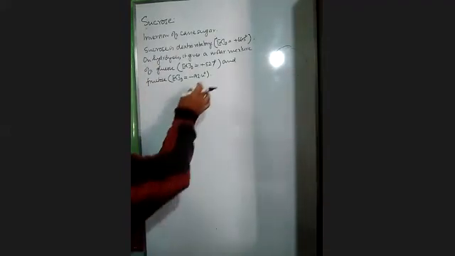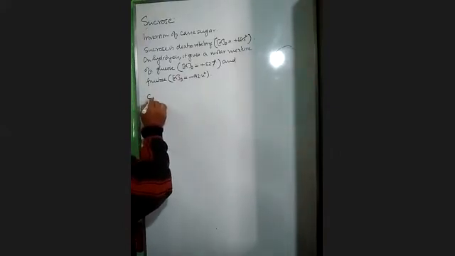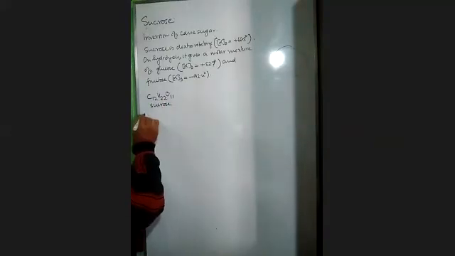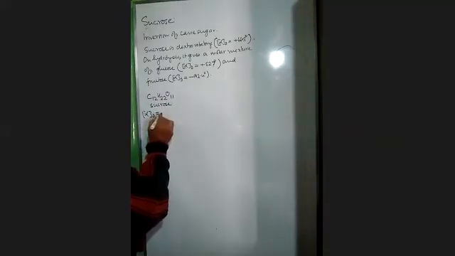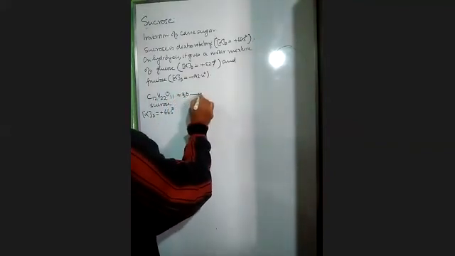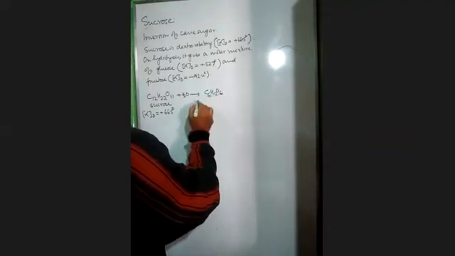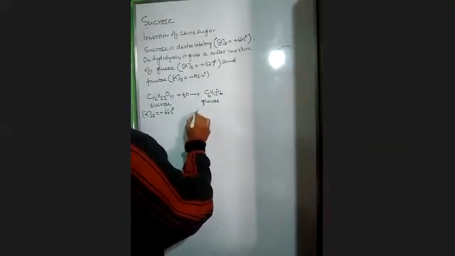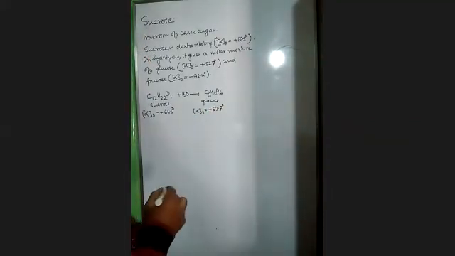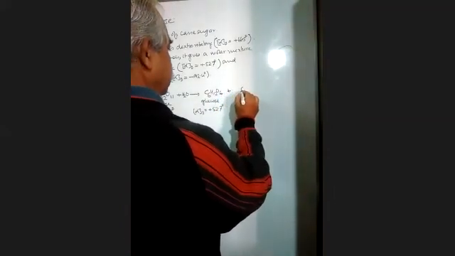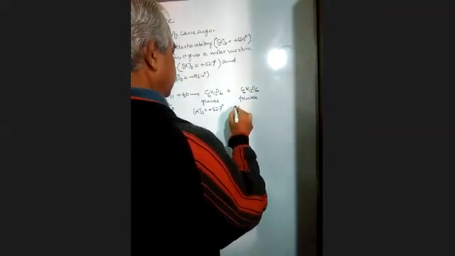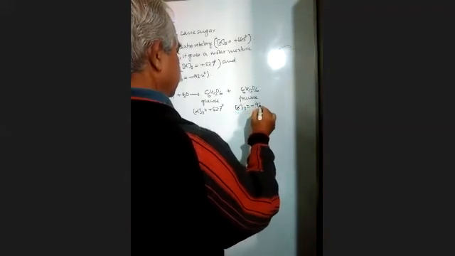See here. In this case, C12H22O11, sucrose, alpha D is plus 66.5, plus H2O gives C6H12O6, glucose, alpha D plus 52.7 degree, and C6H12O6, fructose, alpha D is minus 92.4 degree.